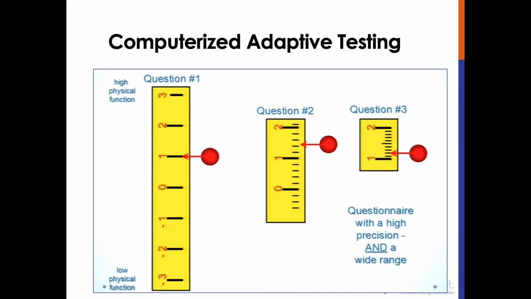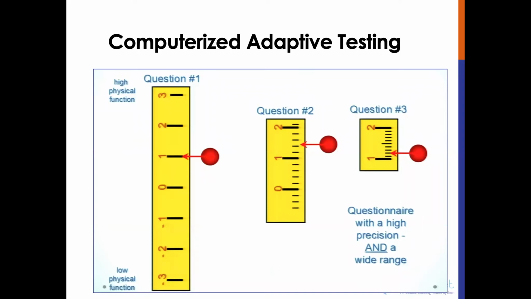So with anywhere between 3 to 8 items, computerized adaptive testing for health scales can provide estimates of an individual's level of that latent variable with reliability of 0.9 or higher, the highly precise level you need for individual-level decision-making in clinical care.